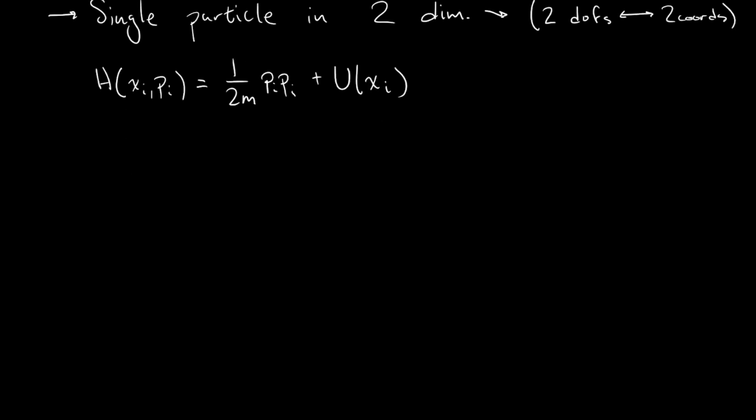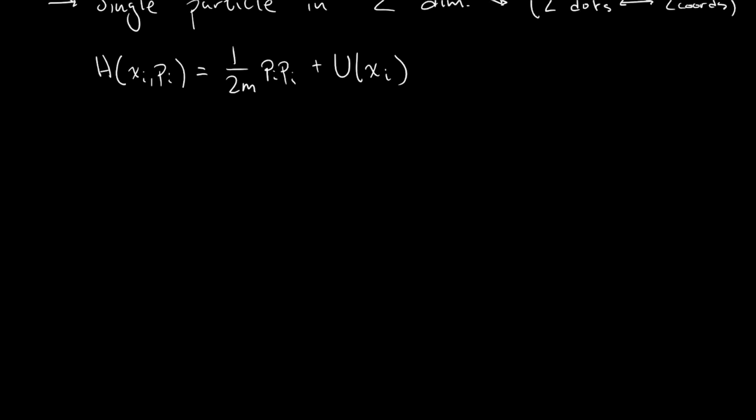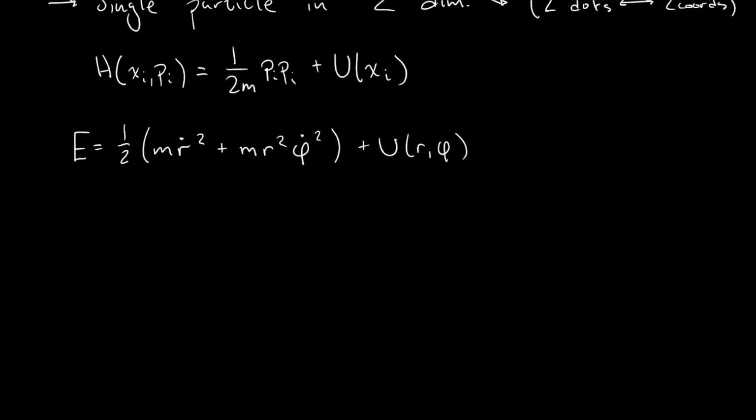But what happens when we switch to polar coordinates is very interesting. So something that we already found is that when I write my energy, again, going back to the energy, not the Hamiltonian, phi dot squared plus U of r comma phi.